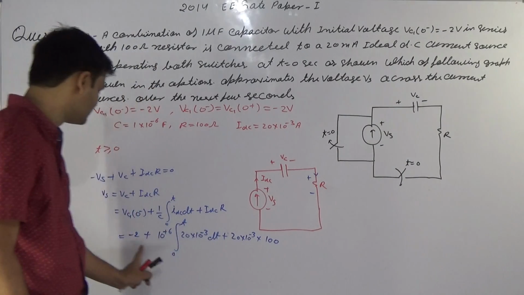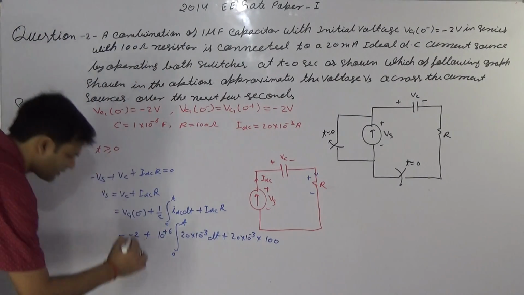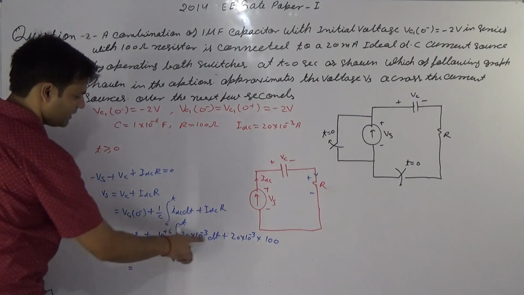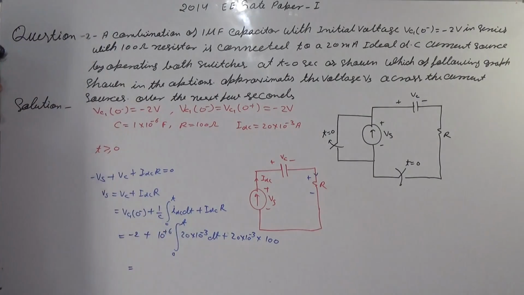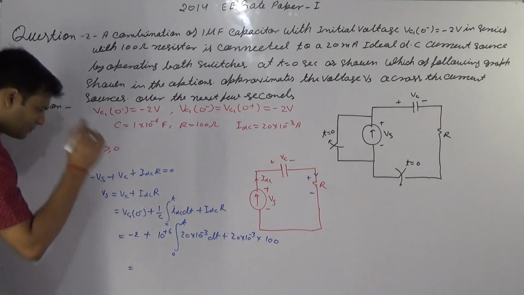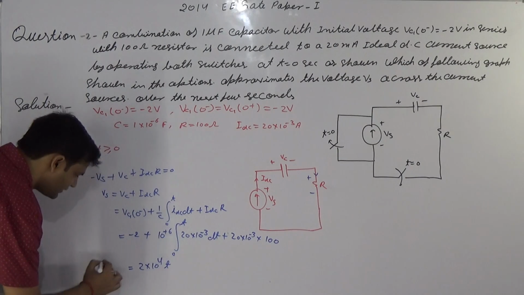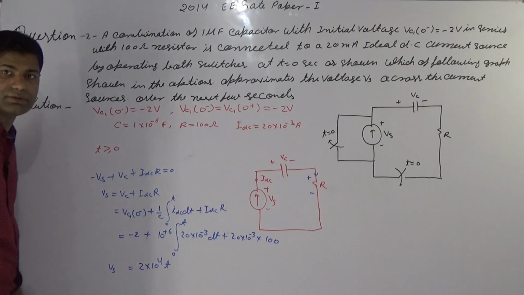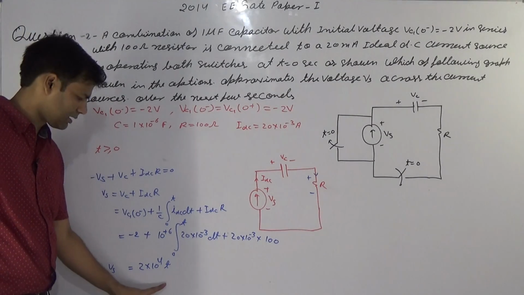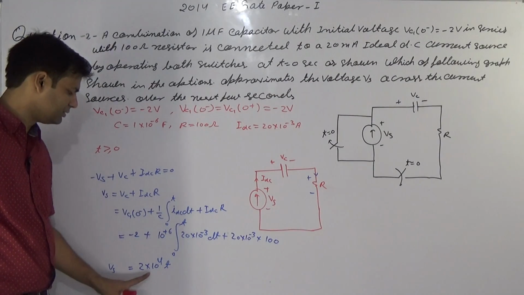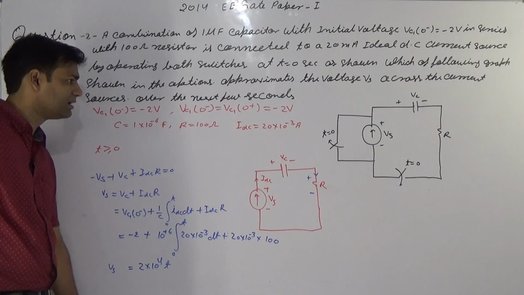That's why the 2s cancel out. Finally we get Vs equal to -2 plus 2 into 10 to the power 4 into T.